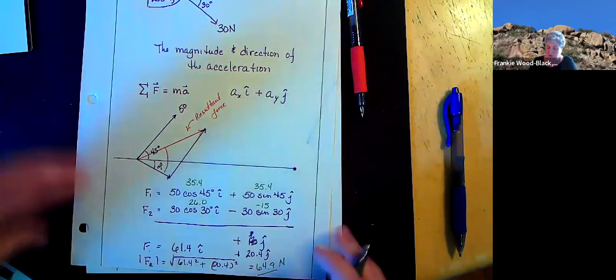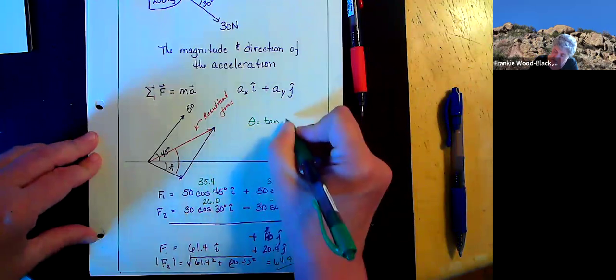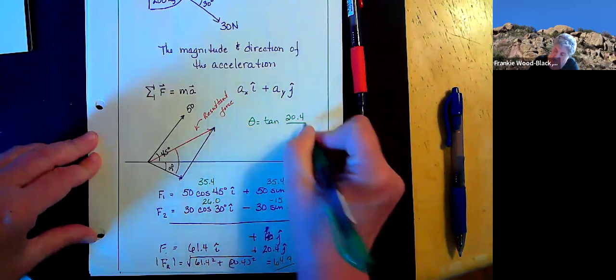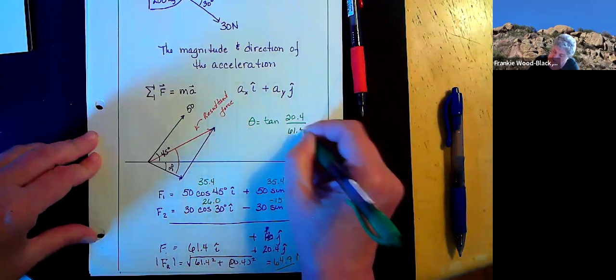So my resultant vector is going to be 64.7 newtons. My angle is going to be the arctangent of 20.4 divided by 61.4.